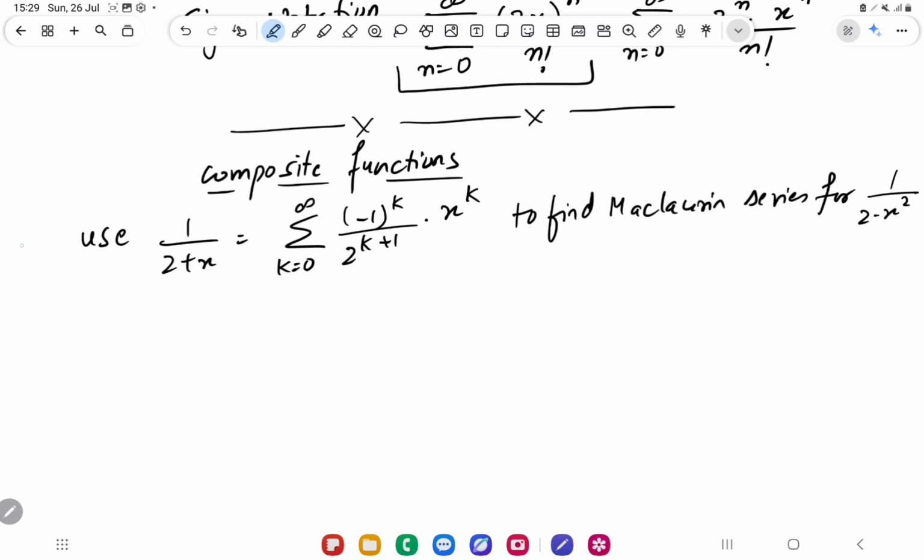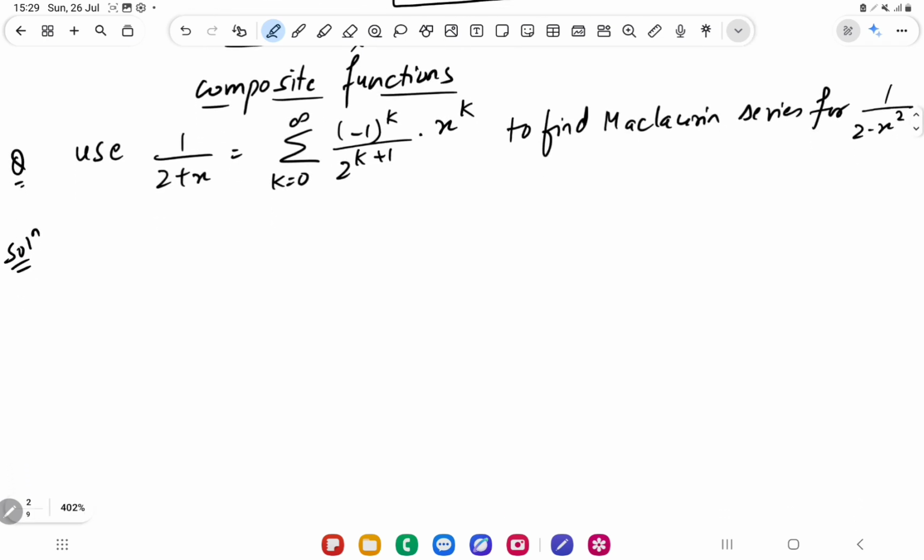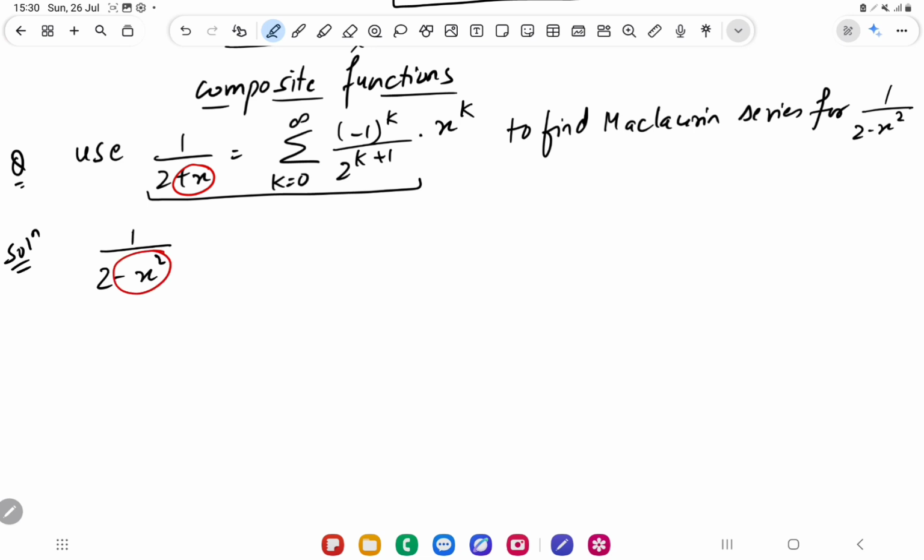So this is the question. Now how will we start? First of all, the 1 upon 2 plus x expansion is given to us like this. So we will compare this with the one which we need to find. You can see that here your x is being replaced by minus x.